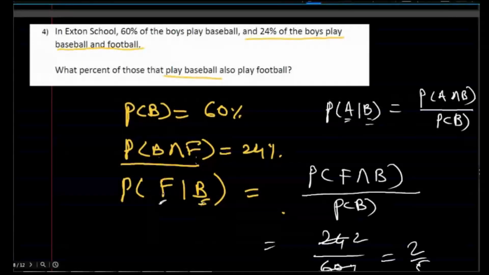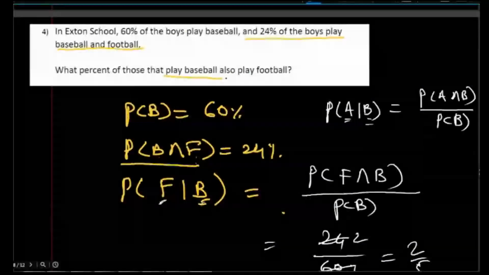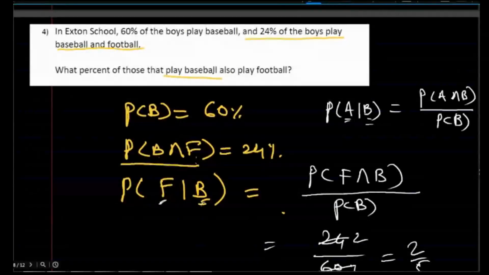Now, we have been asked to find the probability of football such that the player also plays baseball. This sentence is written as, what percent of those that play baseball. That means we know that they play baseball, and we need to find how many of them who play baseball play football also.